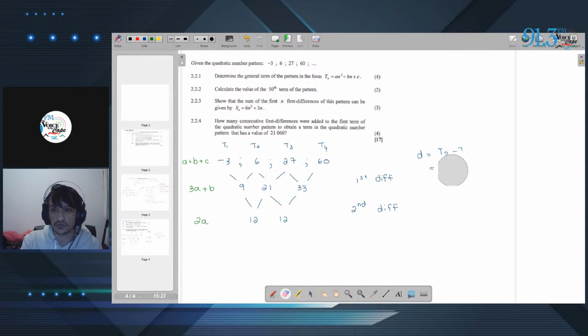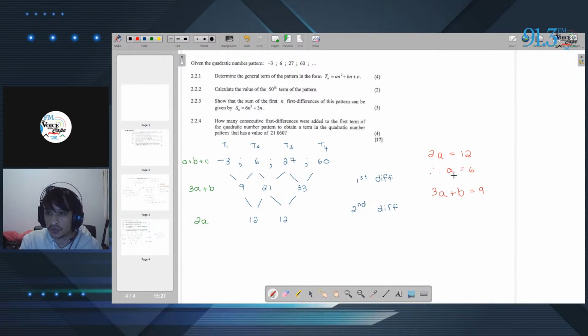Now we can go ahead and find the value for A. I'll clear this off and write it on the side over here. So 2A is equal to 12. Therefore, A is equal to 6. Okay, here we can say 3A plus B is equal to 9.